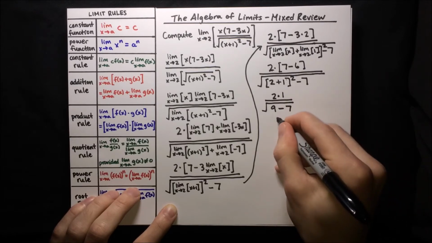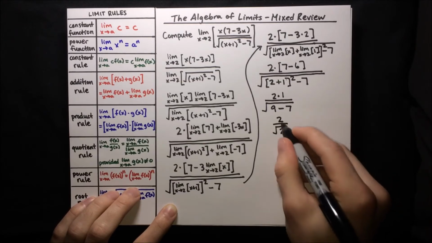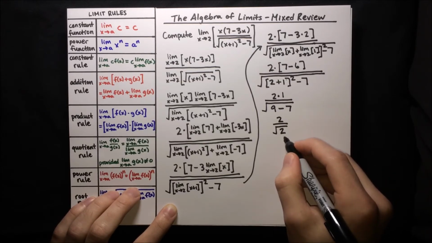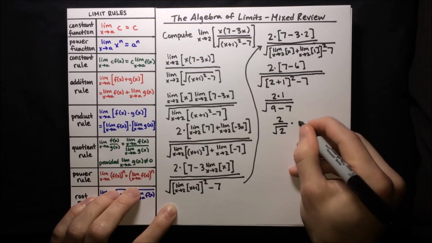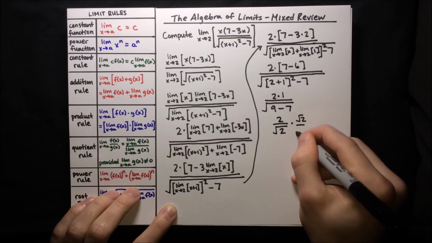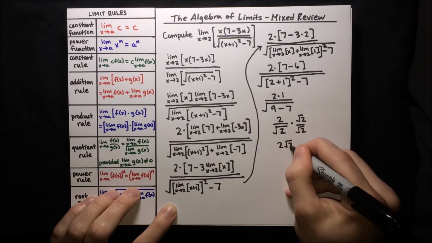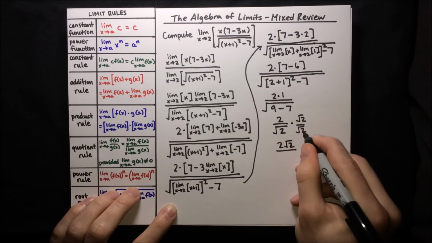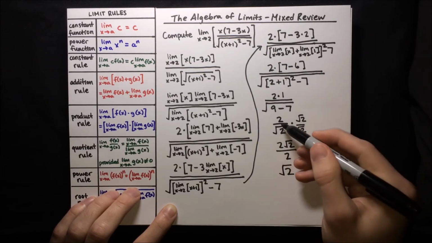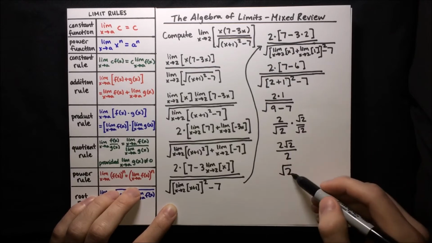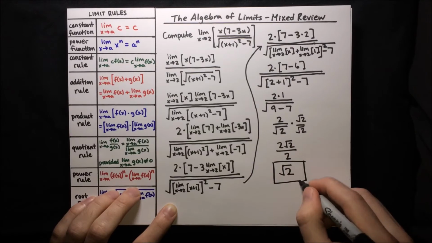So we've got 2 on top, and then square root of 9 minus 7 is 2, and then 2 divided by square root 2, that is just, well, just to be explicit about this, let's think about multiplying by root 2 over root 2 to rationalize that denominator, and we just get 2 root 2 over root 2 times root 2, that's just 2. So just root 2. You could have also just seen that because 2 divided by root 2 is root 2, because root 2 times root 2 is 2. But either way you think about it, the limit just comes out to root 2.